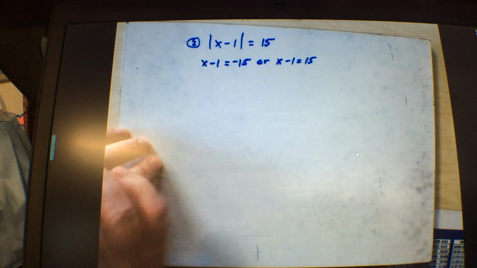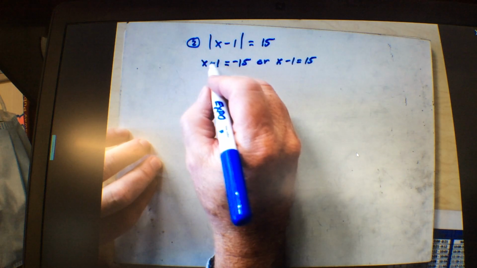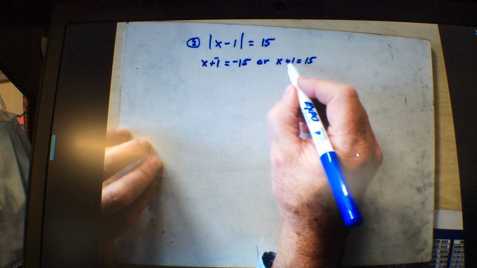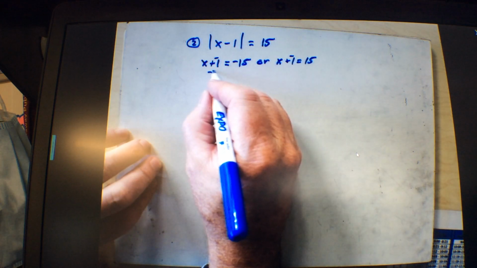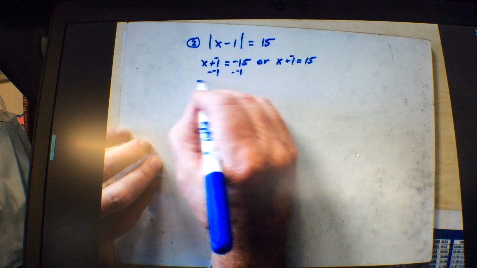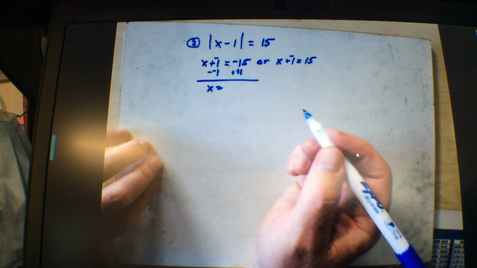Those are the two equations I'm going to solve. Do you understand that? I'm going to change this to plus a negative, and I'm going to change this to plus a negative. All right, is everybody good with me? Now I'm going to subtract a negative 1 from both sides on this side. So I get x equals what?